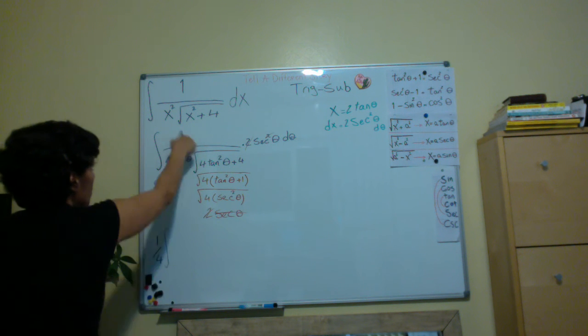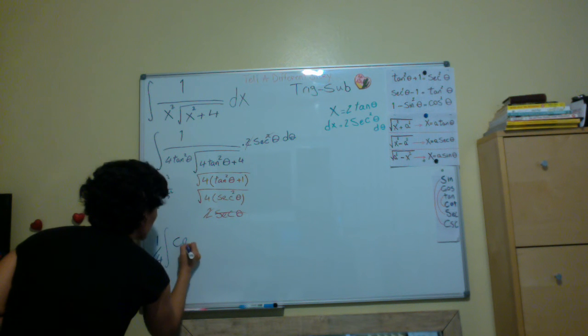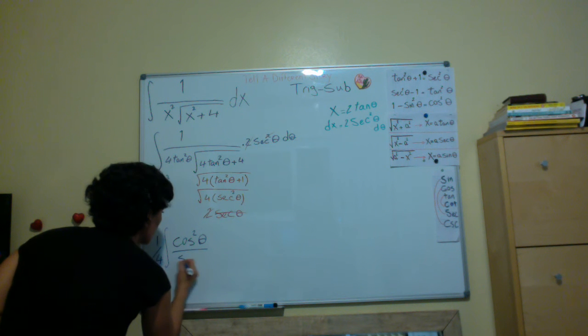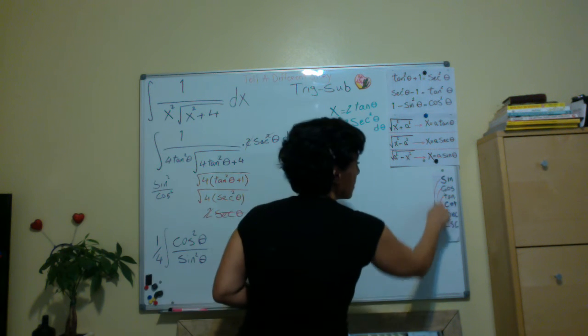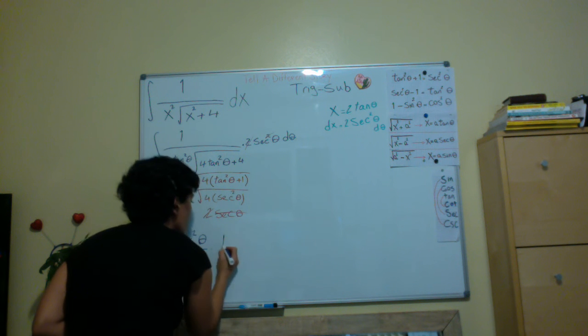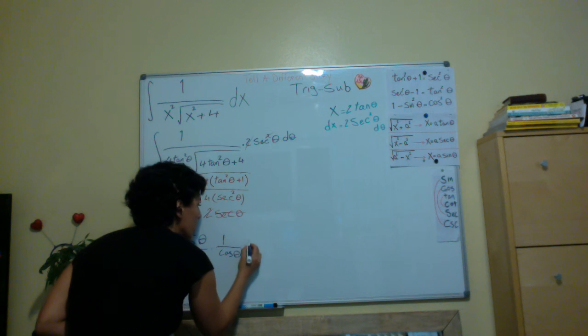And 1 over this is really just the inverse of that. So I could write down cosine squared theta over sine squared theta times secant, which, if you remember your trig rainbow, is really just 1 over cosine. And this is going to make my life so much easier right now. I'm going to love it.